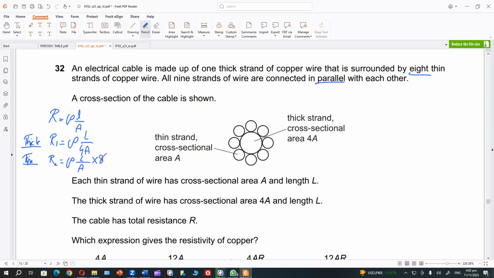If they are in parallel, how should I combine them? I mean, what formula should I use?